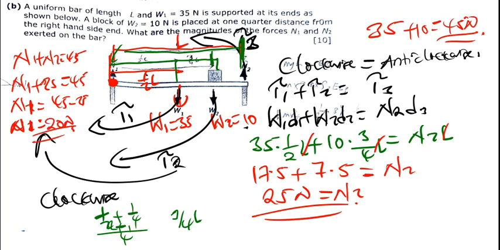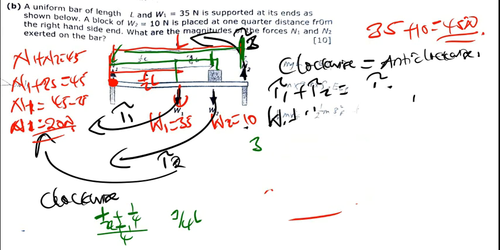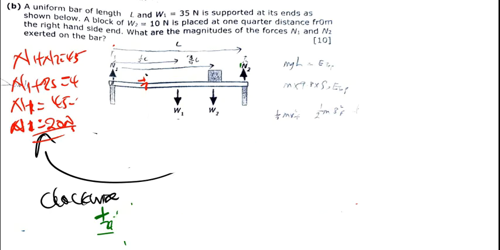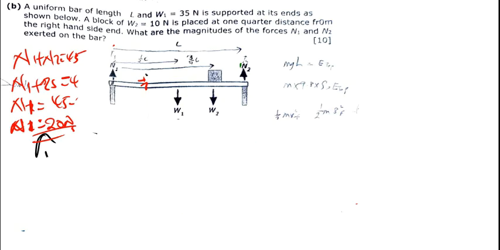You can either use what I have used here, or you can also come back and plug in the values here. You use the same torque to come up with the values. So my N2 is 25 newtons.